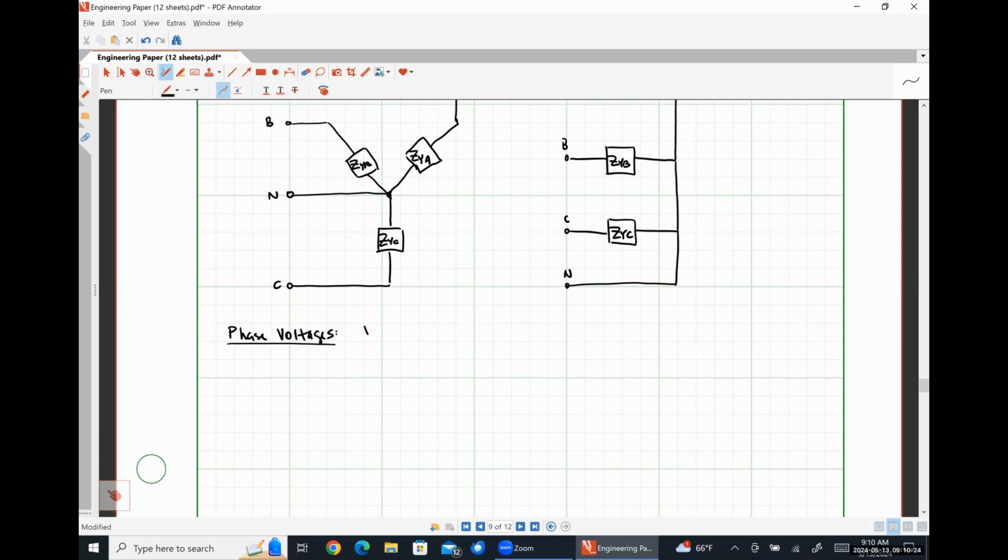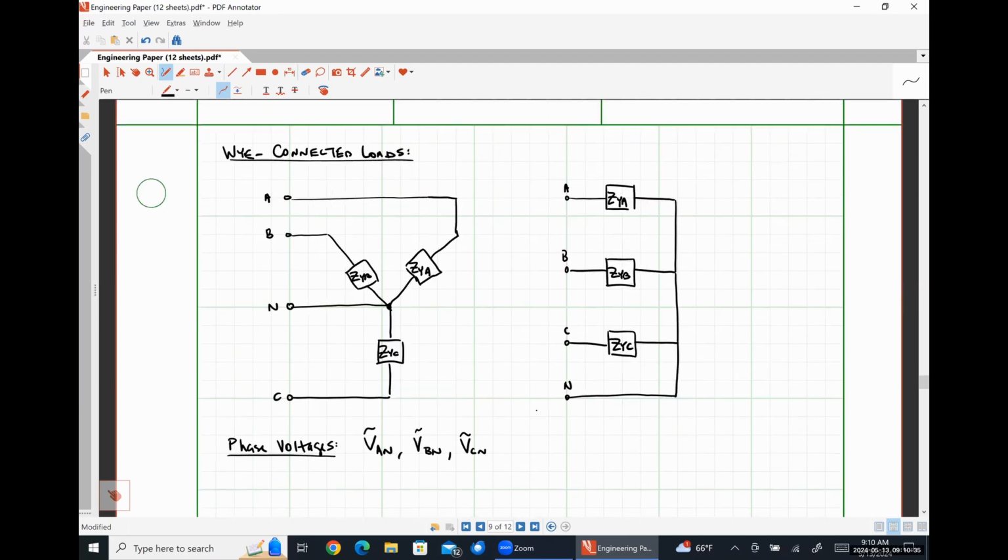So VAN, VBN, and VCN. So here is where VAN would be, where VBN would be, and where VCN would be.